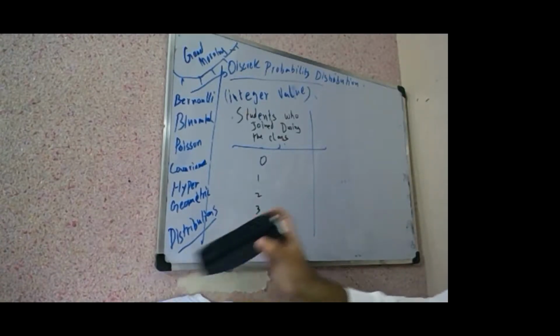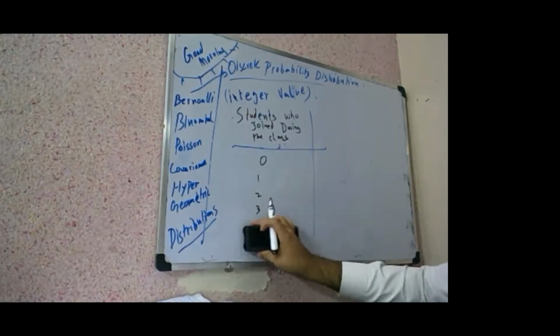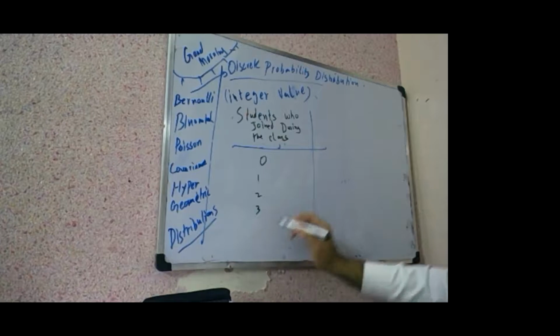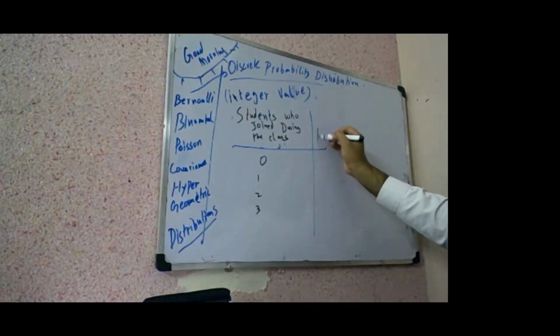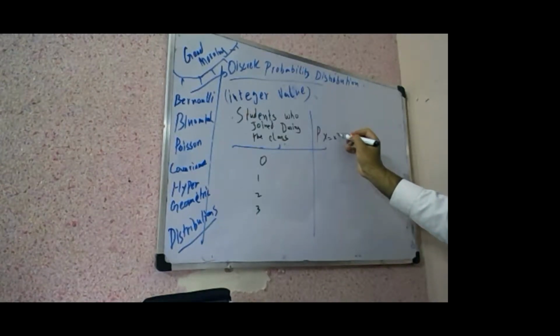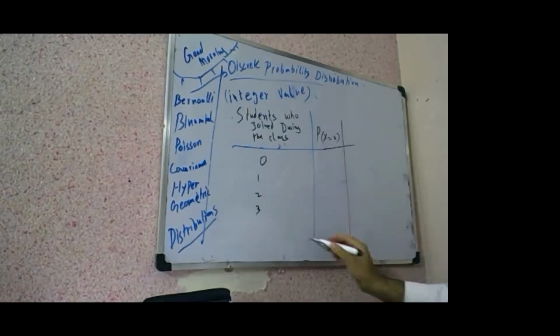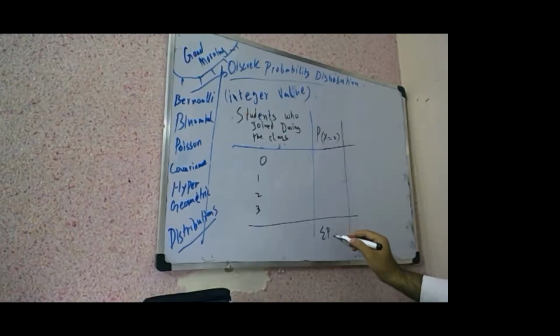So let's just consider it until three students. Otherwise, it will be 24, and then I will have the probability of each x equal to x against it. And because the sum should always be equal to 1, right?